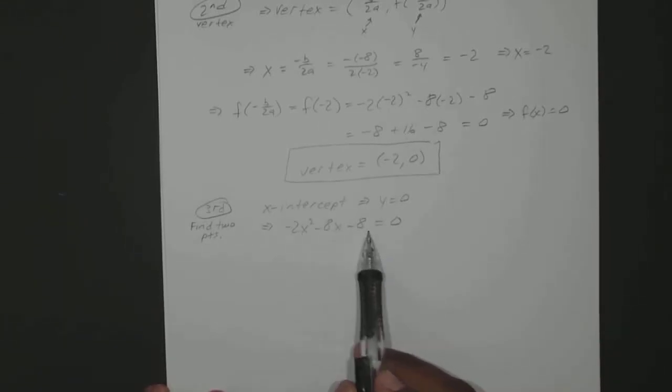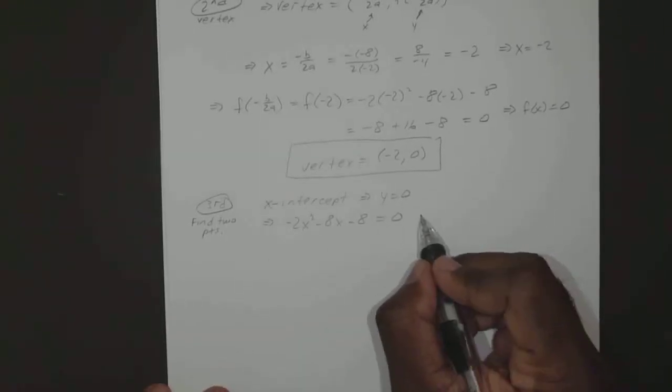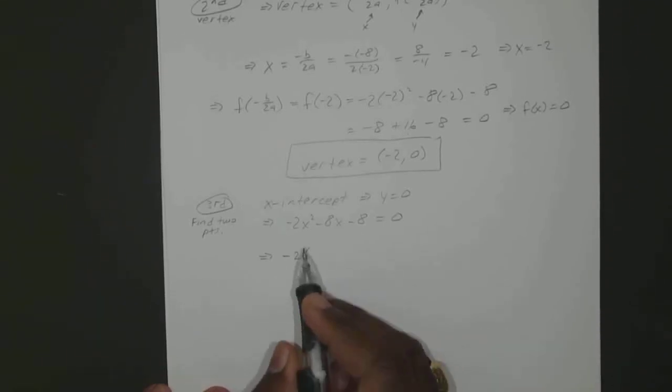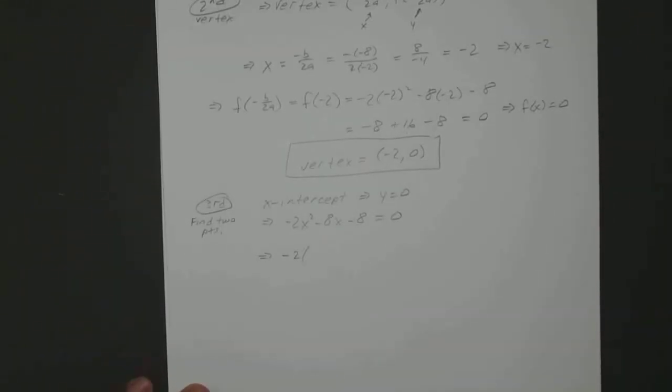Which means we can factor a negative 2 out of all of those. Might as well have that as a positive x squared.